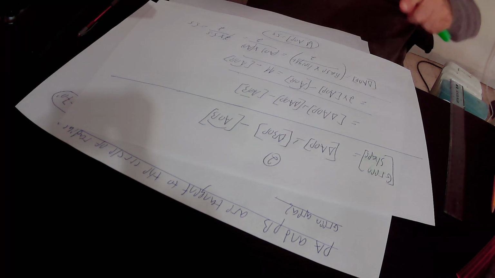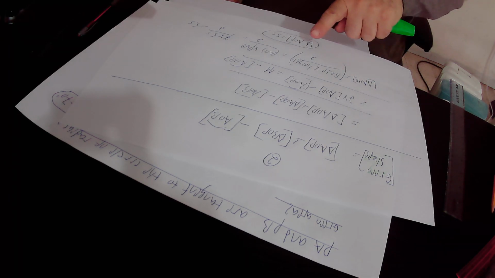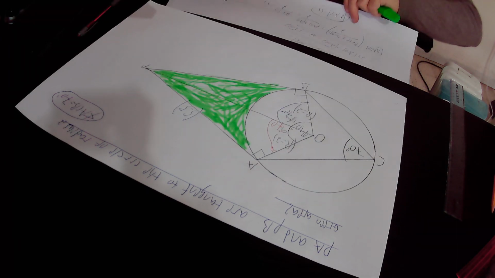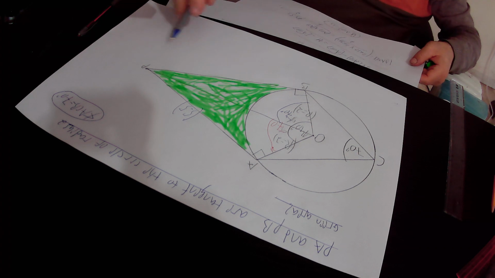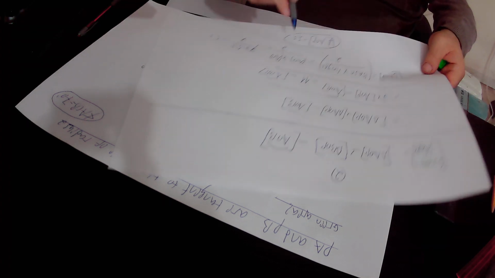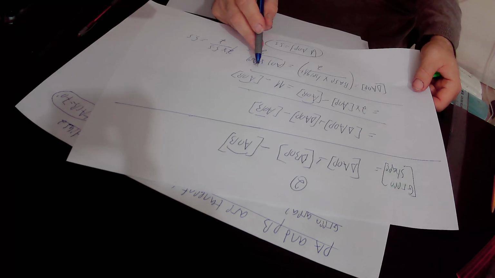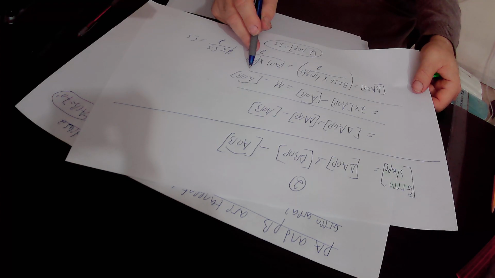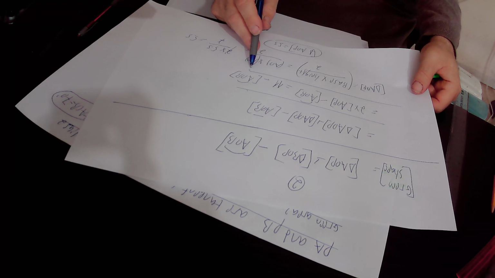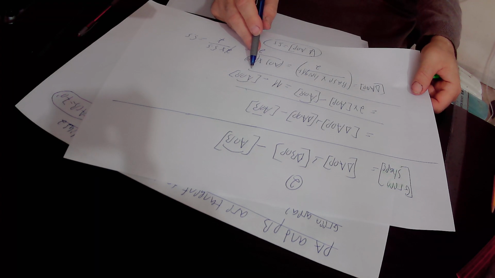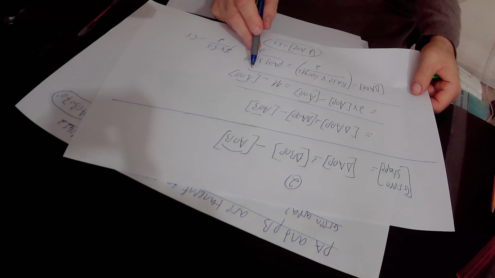So the area of the green shape equals the area of this quadrilateral AOBP, which equals 11 square units, minus the area of sector AOB that we just found, which equals 4.888 square units.